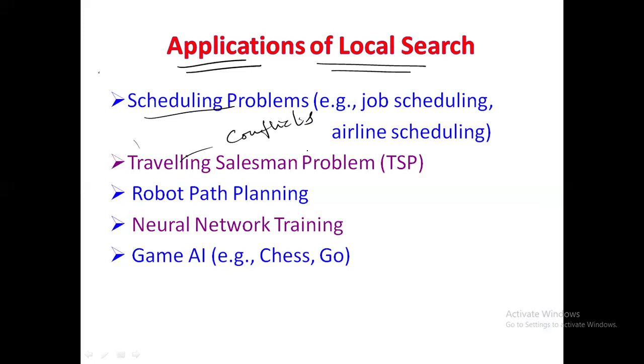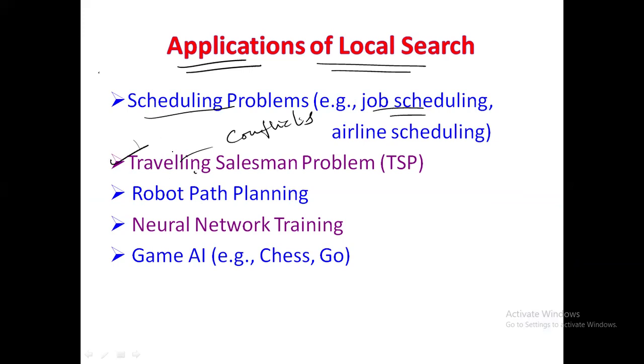In job scheduling, it determines the best order of task execution to maximize efficiency. In airline scheduling, it optimizes flight assignments, crew scheduling, and maintenance planning to reduce costs and improve efficiency.